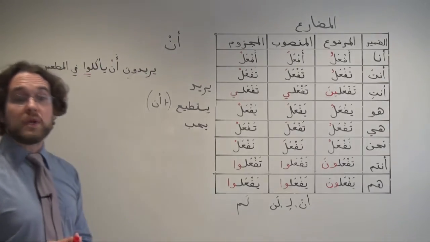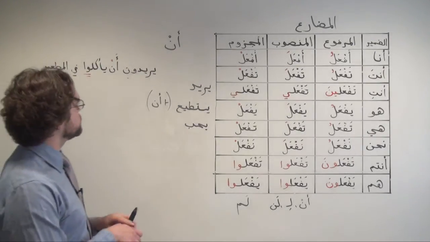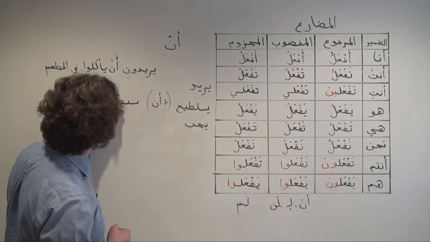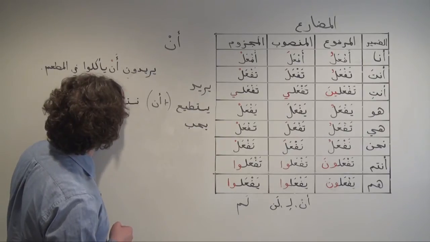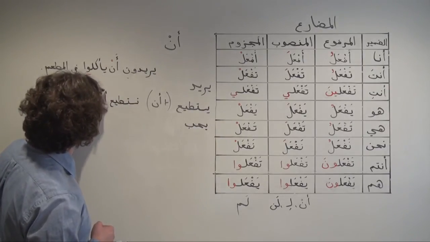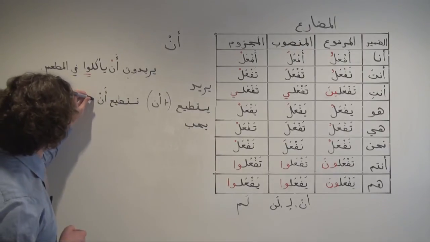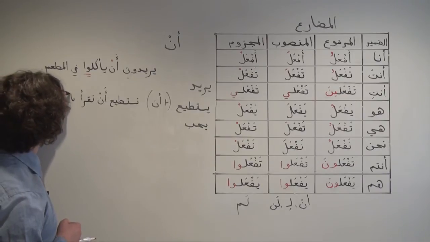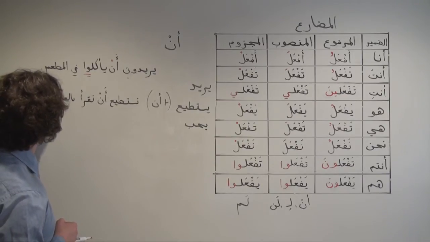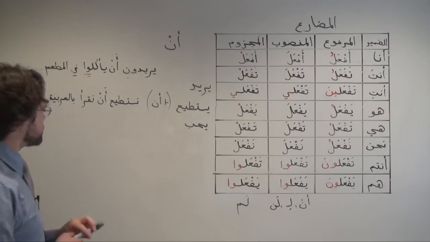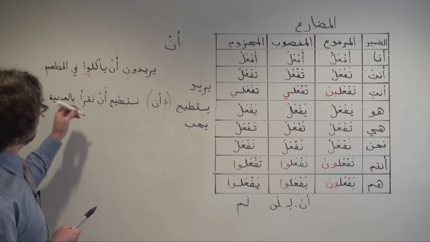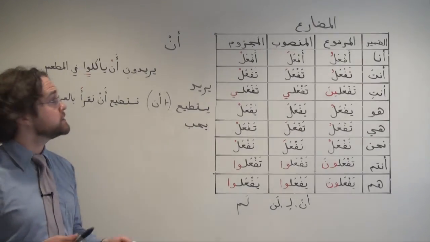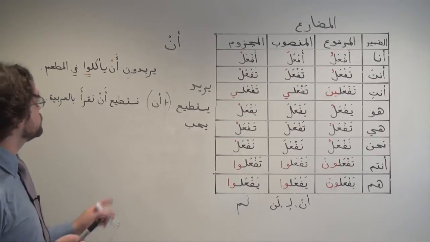Another example, we can read in Arabic. We could say nastati' an naqra' bil-arabiya. And after an naqra', we're going to need that fatha if we're fully vocalizing our text to indicate that we're using al-mudari' al-mansub.